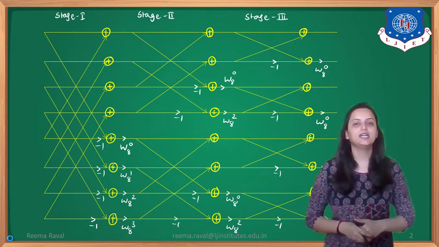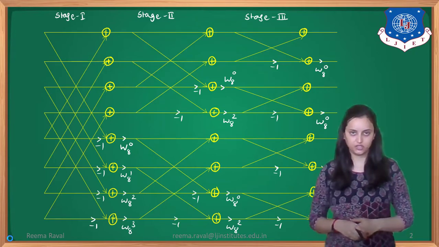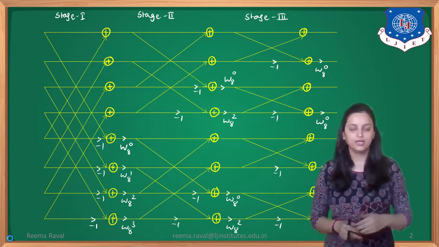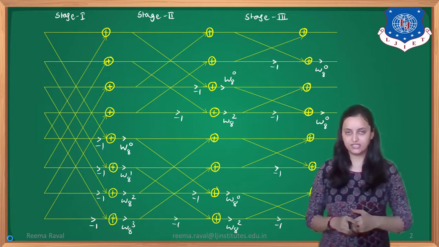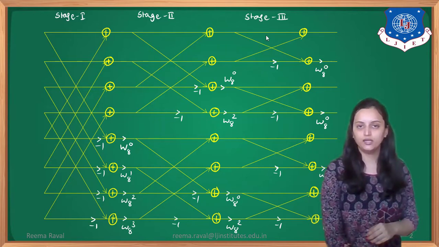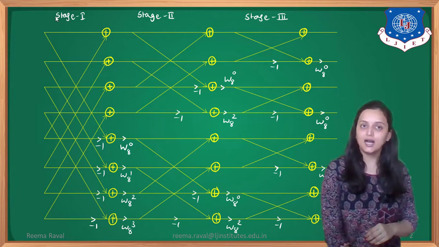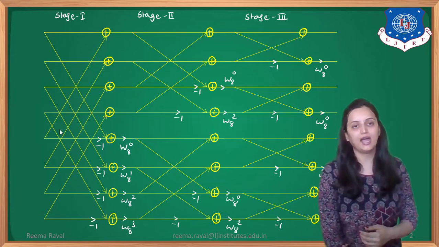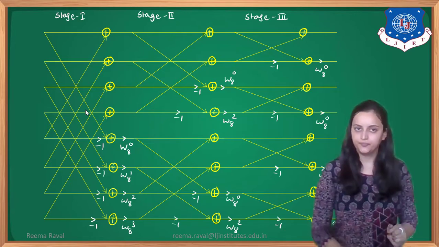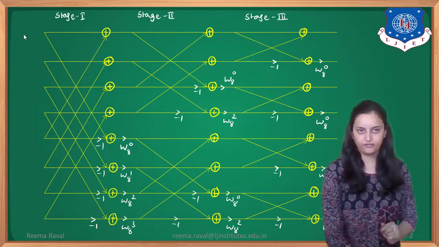This structure is the DIF FFT structure, decimation in frequency fast Fourier transform. The previous structure which we have seen for DIT FFT had the input stage 1 structure looking like this, stage 2 the same, and at the last stage, stage 3, we had this kind of structure. Here the structure is exactly reversed to get the DIF FFT structure.